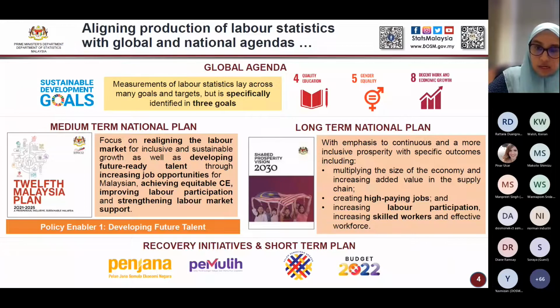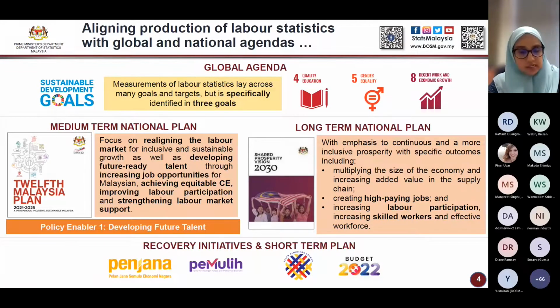This is part of a longer term national plan, which is the shared prosperity vision. In the short term, as we face various economic challenges since 2020 due to the global public health crisis, more immediate and short-term solutions have also been engineered, such as national recovery plans and a short-term national budget.